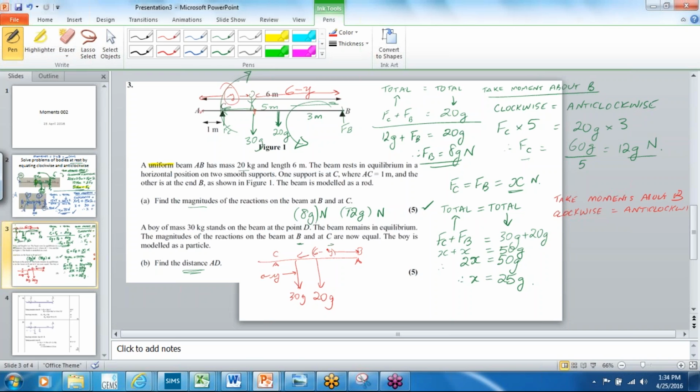So, the clockwise force about B. This is anti-clockwise. Here, the force up is the only clockwise force.